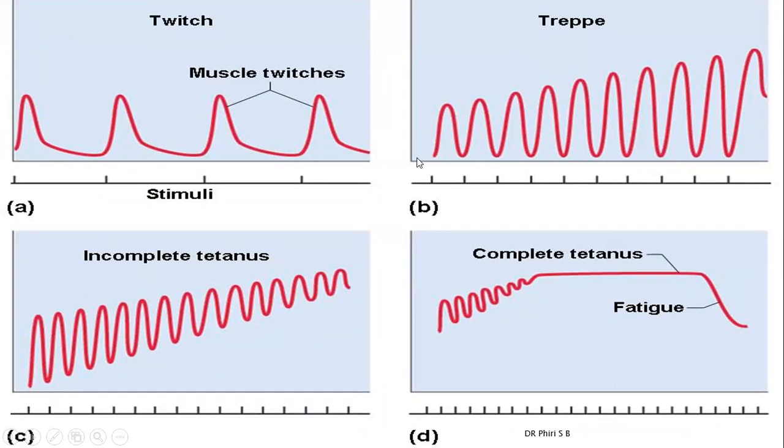Okay, so if there is a period of quiescence, or maybe no muscle activity, and then you start stimulating the muscles, you can have the treppe phenomenon, whereby the first contraction will be weak as compared to the second one. The third one will be even stronger as compared to the previous one. The fourth one will be stronger as compared to the third one, but there is a complete relaxation in between the muscle twitches. So this is called a staircase.